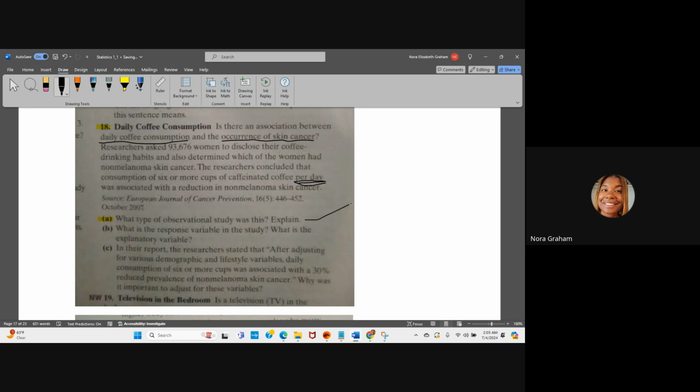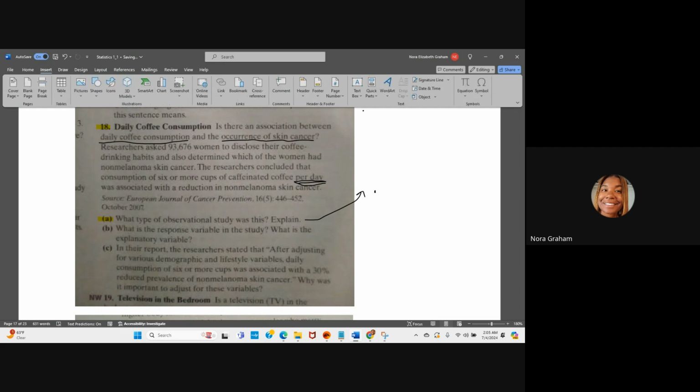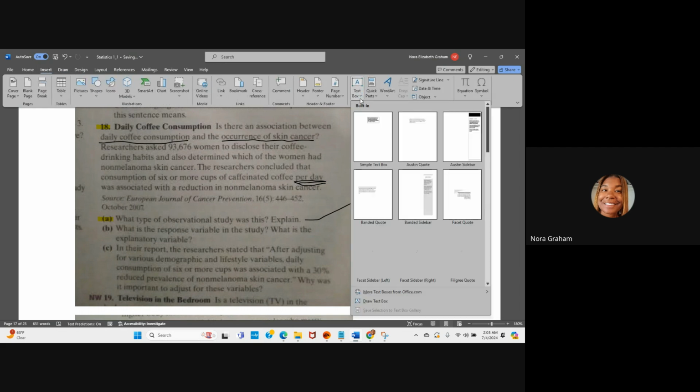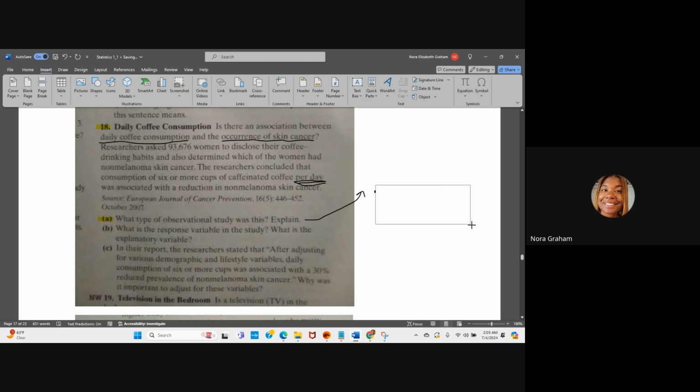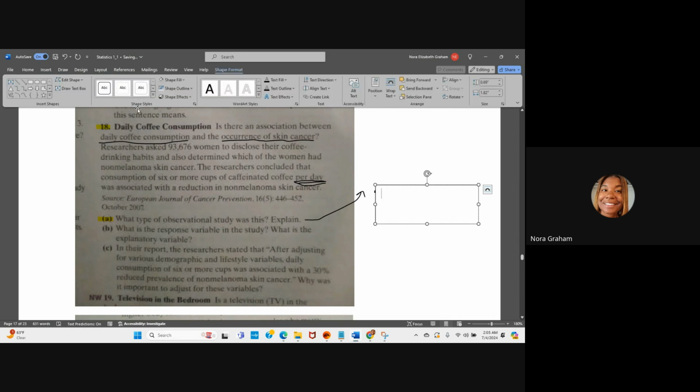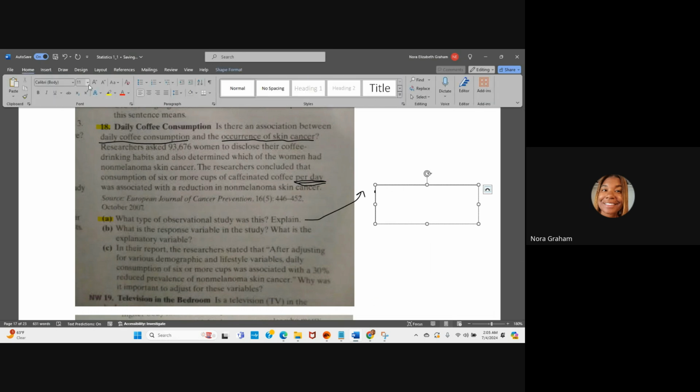So in my last video, I went over the types of observation studies, and there's 3 types. Okay. I should do a text box so I can go a little bit faster. There we go. That's better. All right. So there's 3 types of observation studies.